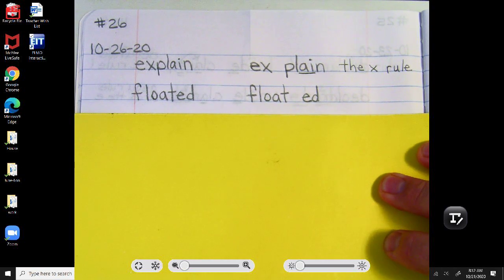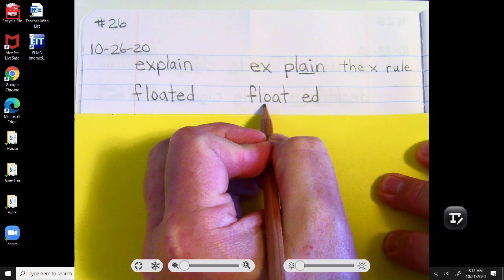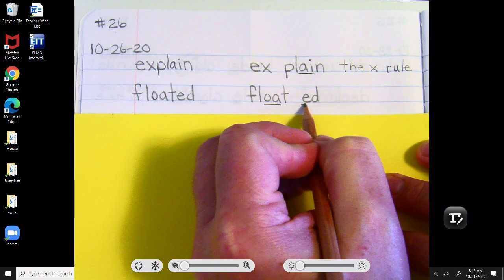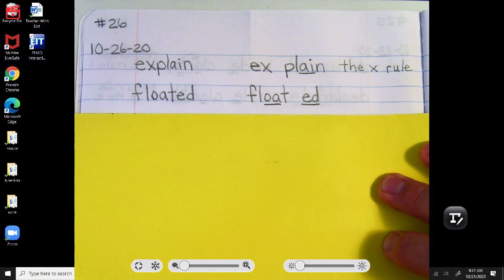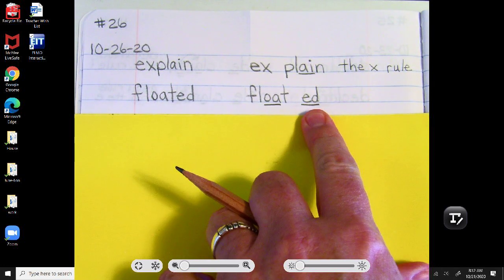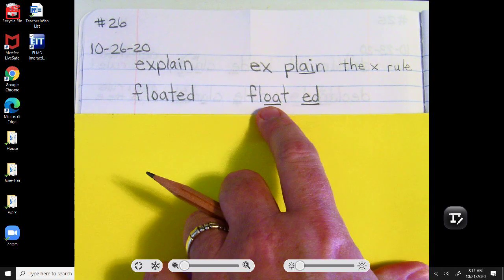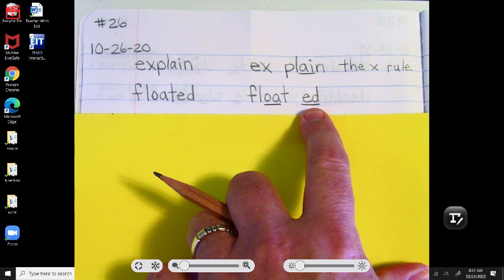Spellers, there are two multiple letter phonograms. So two multiple letter phonograms you should have underlined. Did you catch O, the O of boat, and ed, d, t, past tense ending? It's saying its first sound of ed, so we don't need to put a number marking on it. Float, ed, floated.